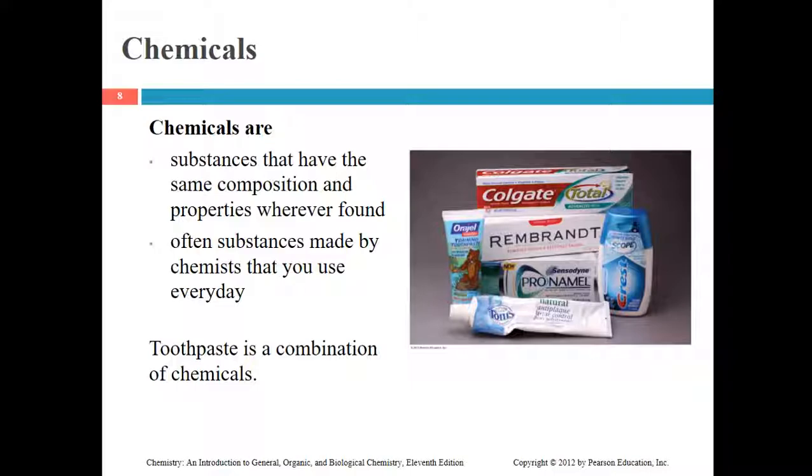Well, that deodorant should be the same as the same brand of deodorant at somebody else's store back in Iowa. Often, substances that you use every day are made by chemists. If you look around, it's your shampoo. They actually do lots of studying on which shampoo works best in what situation, or your soaps, or medicines. Toothpaste is a combination of chemicals, just like a lot of different things that you use are combinations of chemicals.